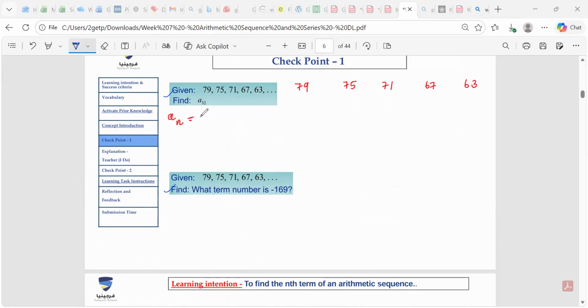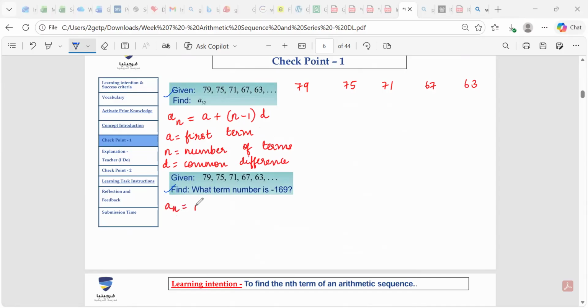An equals a plus n minus 1 times d, where a is the first term, n is the number of terms, d is the common difference, and an is the nth term.